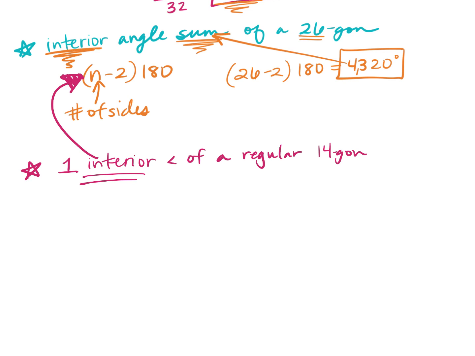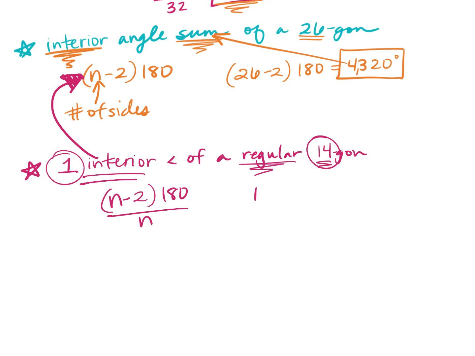N minus 2 times 180, but we only want one, and it's regular. Well, if it's a regular 14 gon, all of your angles are the same measure. So we want to divide by that 14. So it's going to be N minus 2 times 180 divided by N, the generic version, right? So if this is a 14 gon, then we're going 14 minus 2 times 180 divided by 14.